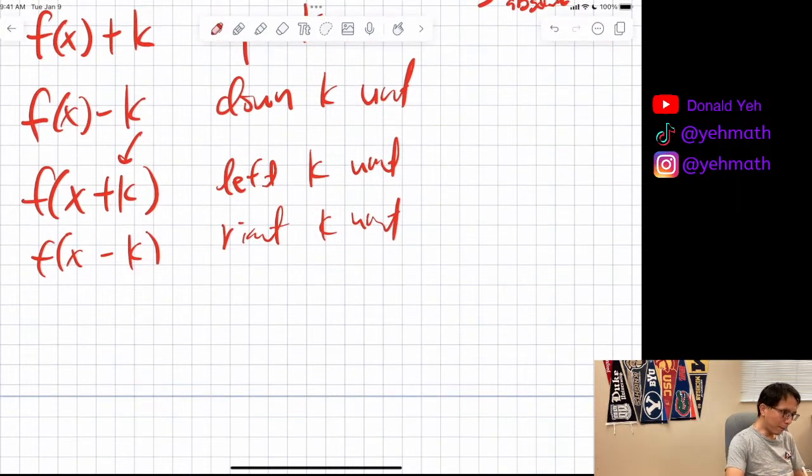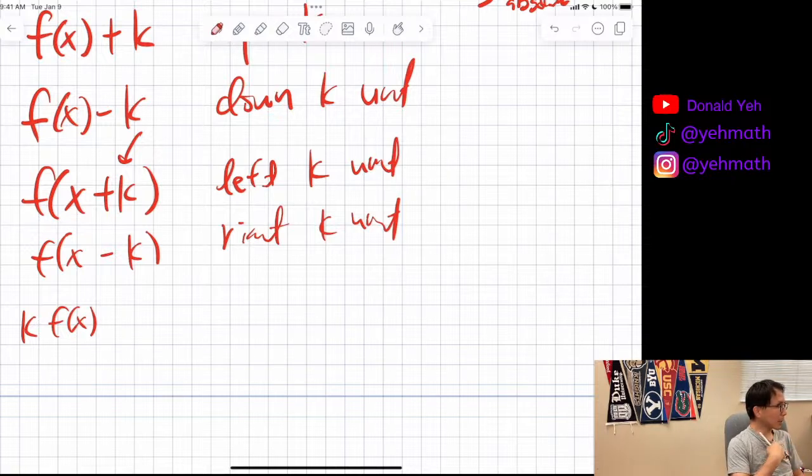Now, what if you have a number that's in the front? Multiply by k. I like that. Multiply by k is actually good. What is multiply by k though? Stretching and compression, yes. I don't like that though.